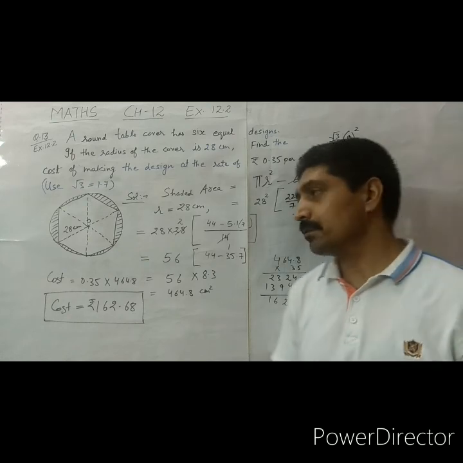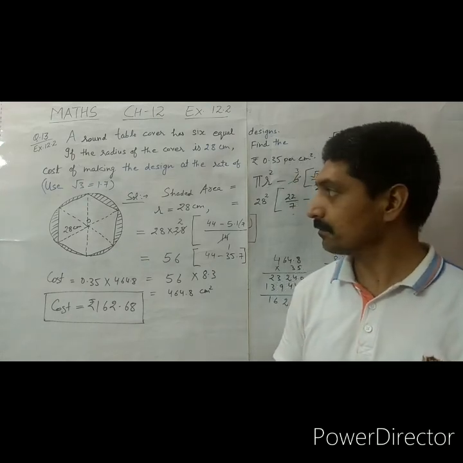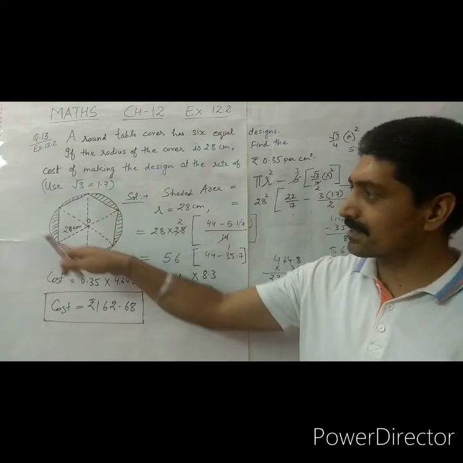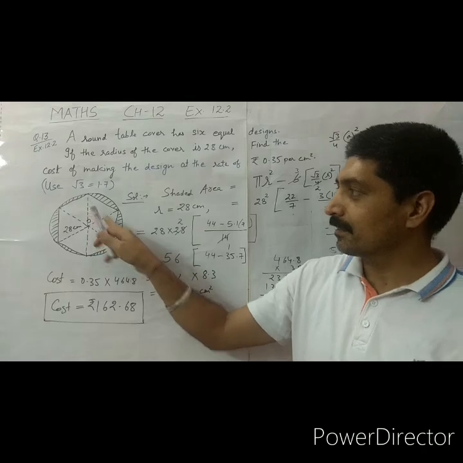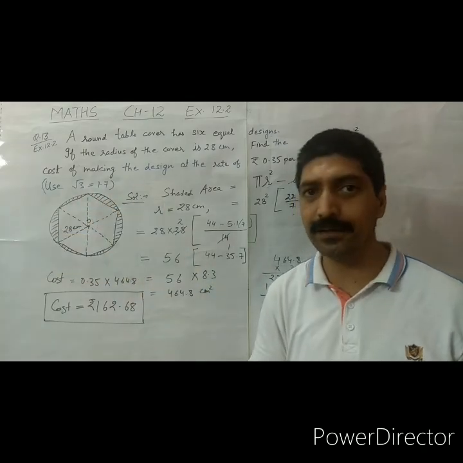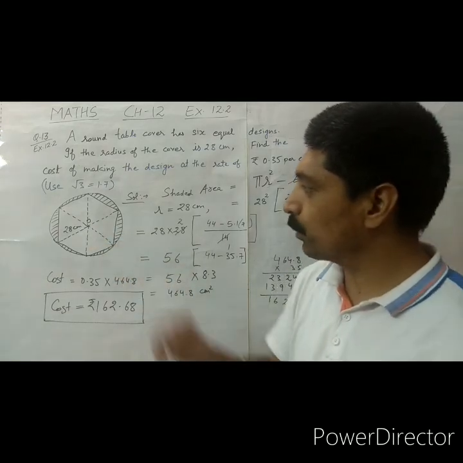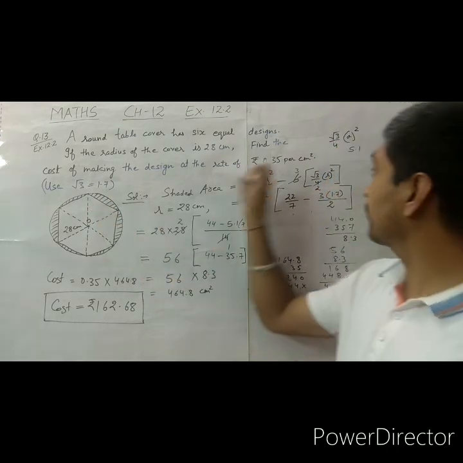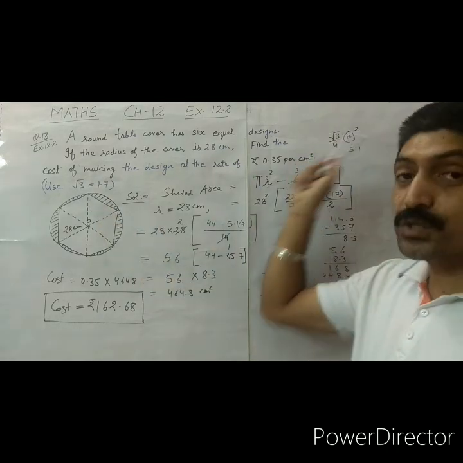Very important question. Most of the time this question is of 4 marks. So I have applied the concept here of equilateral triangle. This design here is a regular hexagon and all these 6 triangles are equilateral. Area of one equilateral triangle is under root 3 upon 4 inside square.